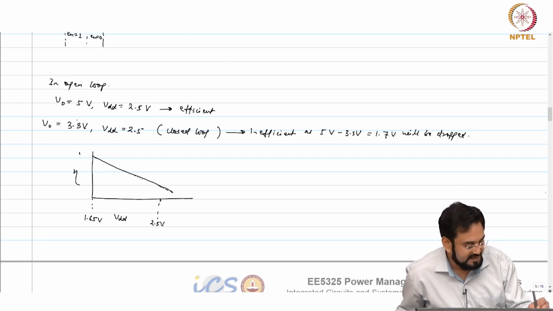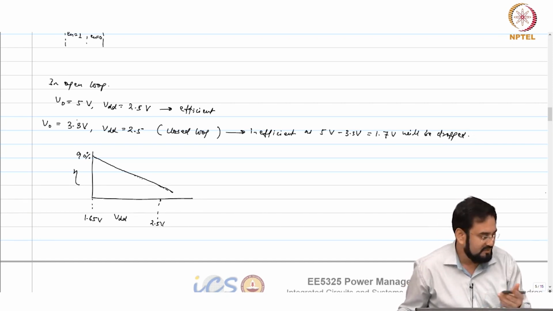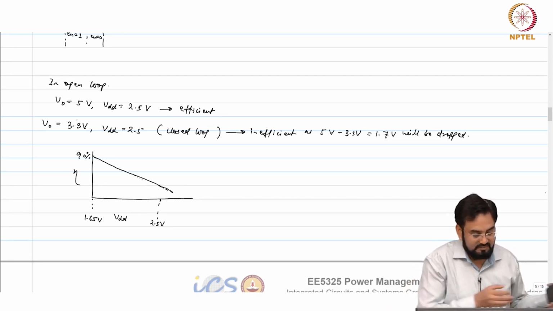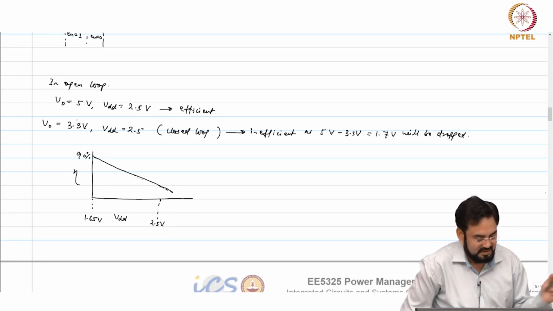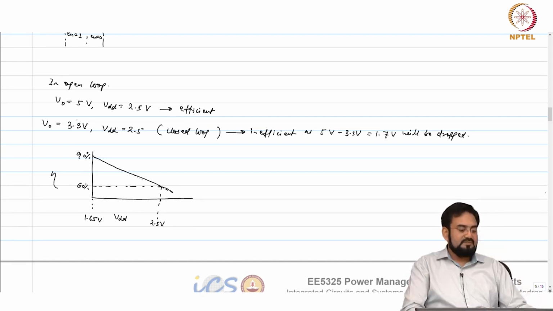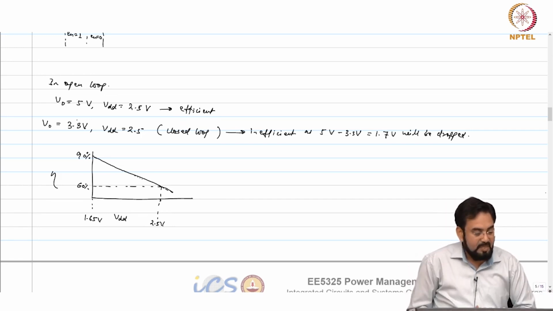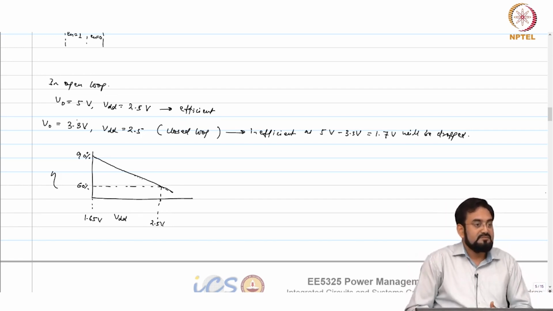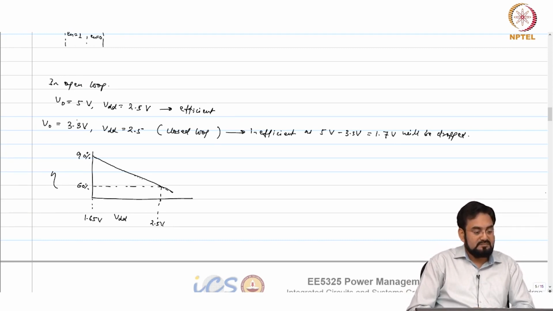So, you may have, let us say, 90% here. At the high end, 3.3 over 5, how much is that? 66% roughly. Including other losses, you may get only 60% there. So, what do I need to do if I want to improve the efficiency further?